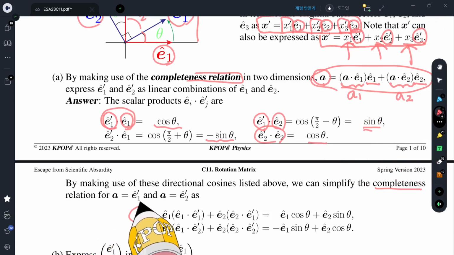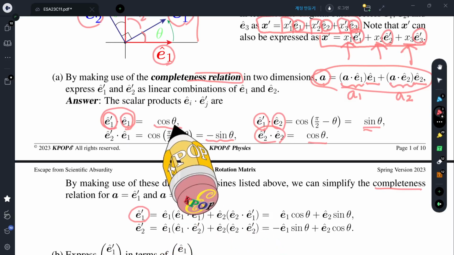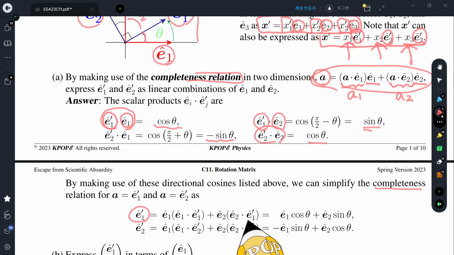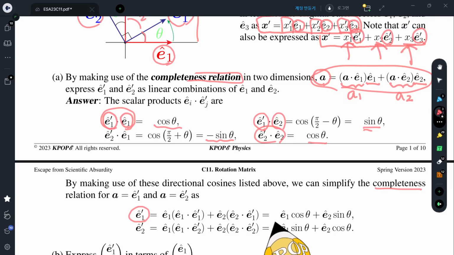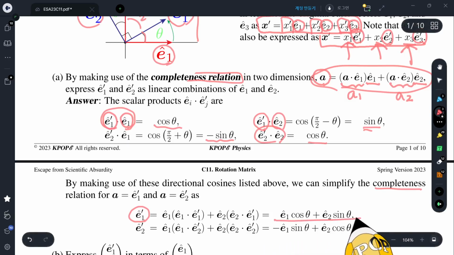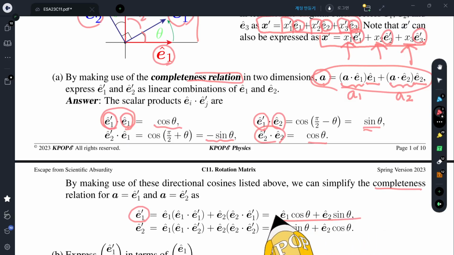Substituting A equals E1 prime, what we obtain is E1 plus E2 with the coefficients. They are determined here, and E2 and E1 prime here. So it's cosine plus sine with the basis vectors E1 and E2.